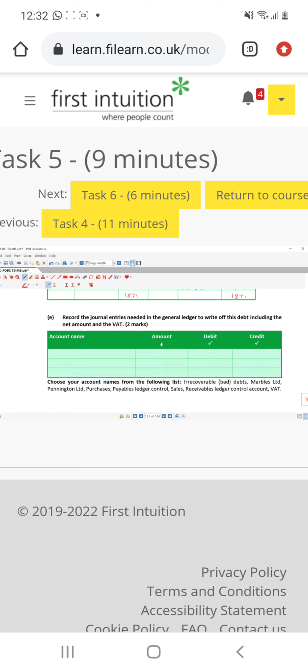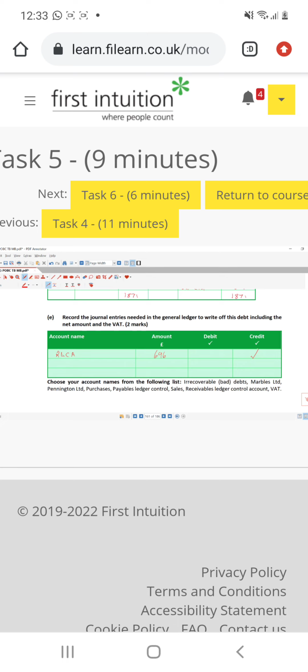For my receivables ledger control account, it will be that 696, that total gross amount, that I will be crediting, removing it from my receivables ledger. But what I want to show is the bad debt expense, and this is where I have to separate out the bad debt and the VAT.